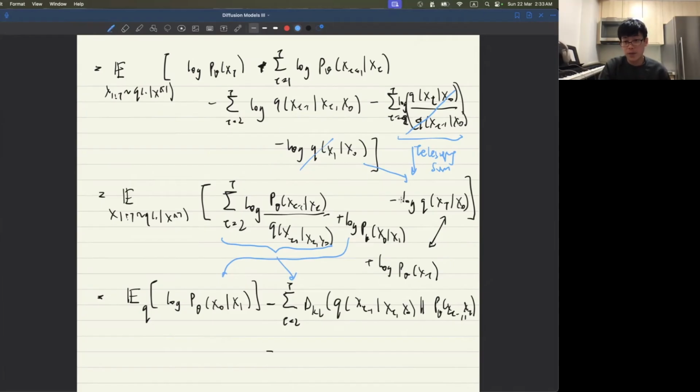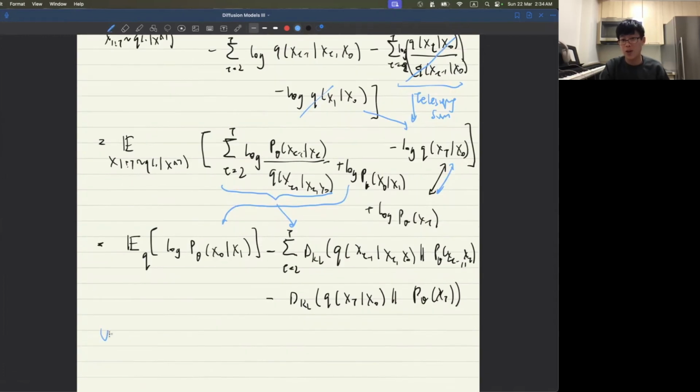And these two terms is also a kind of a KL divergence. It is the negative of the KL divergence of q xt given x0 with respect to p theta xt.